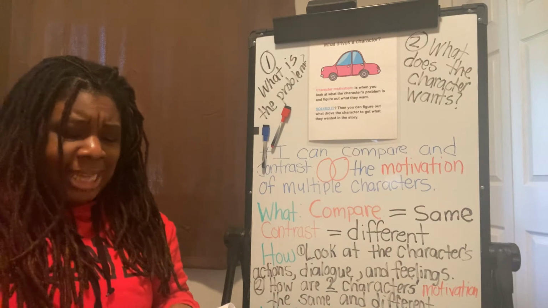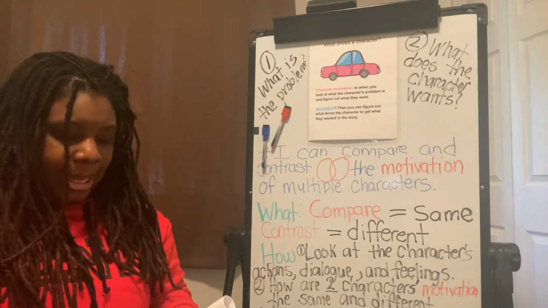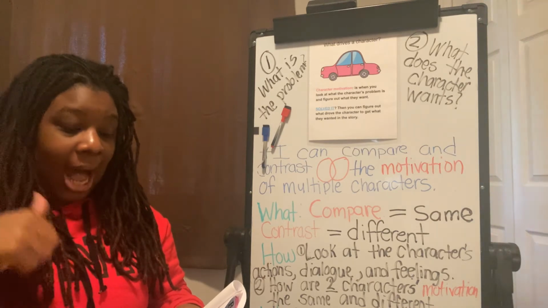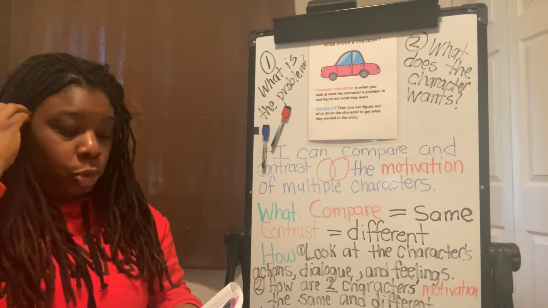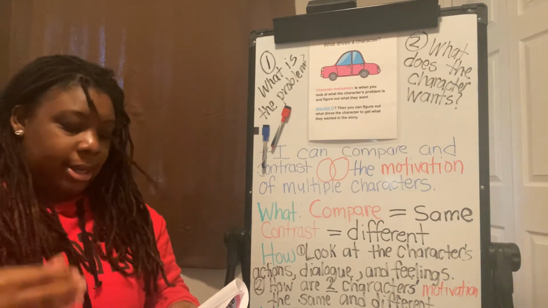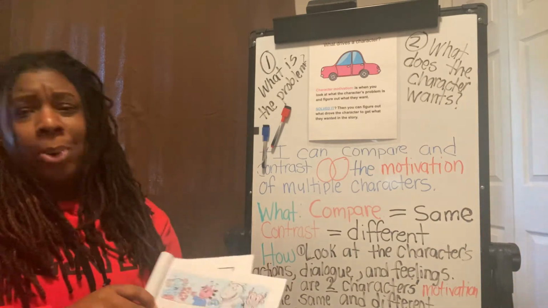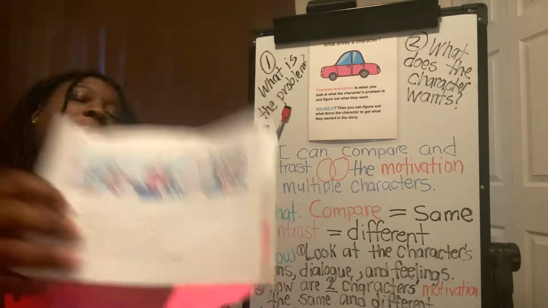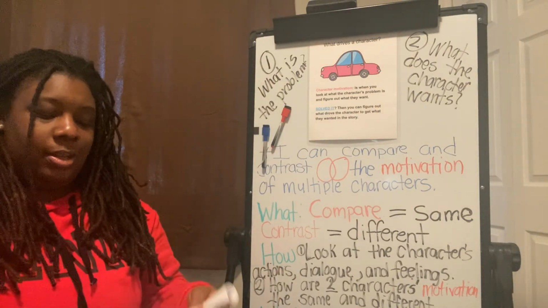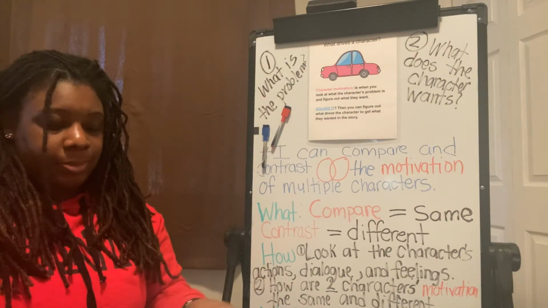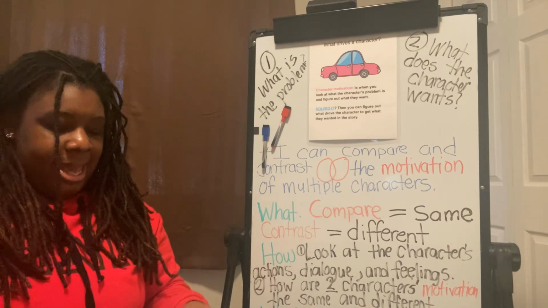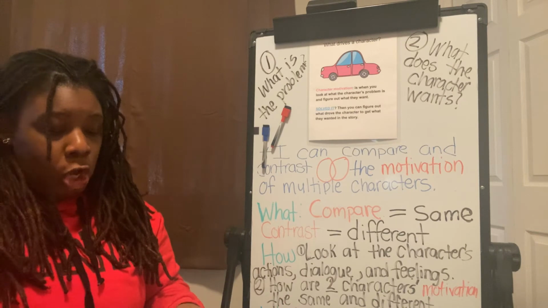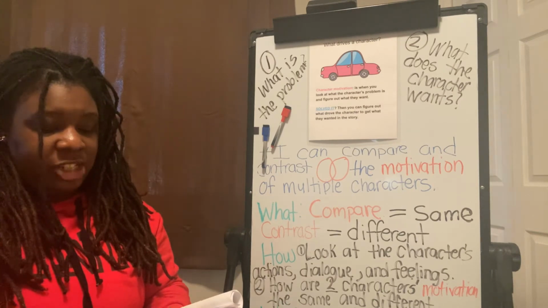But it won't be the same without you, says Snag. Snag trades swim trunks with Bonk. Lurk trades goggles with Bonk. Jupe trades towels with Bonk. Now you can go with us, says Jupe. At the pool, monsters dive and splash. Lurk, Jupe, and Snag met their teacher.